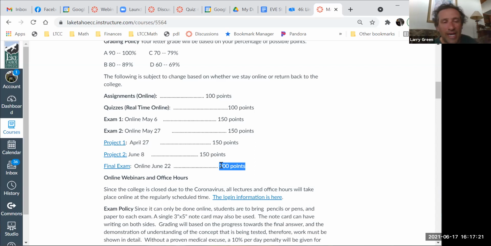So if you get an A on your final exam, then 20% of your course grade is entered in as an A. What it's going to do is figure out what percent you got on the final exam, take that percent, multiply by 200, and that's how many points go into your course grade.